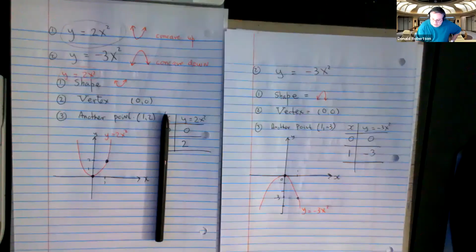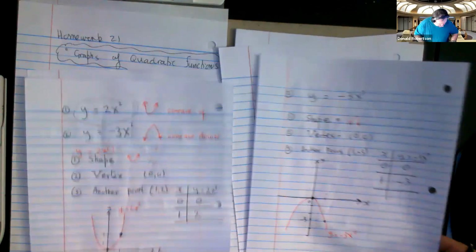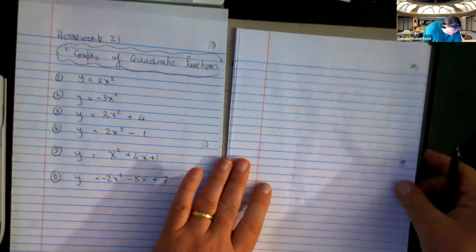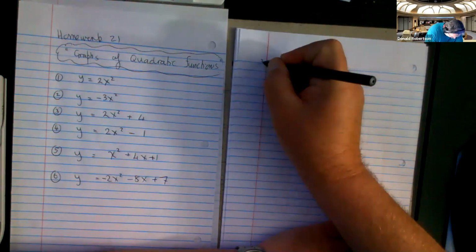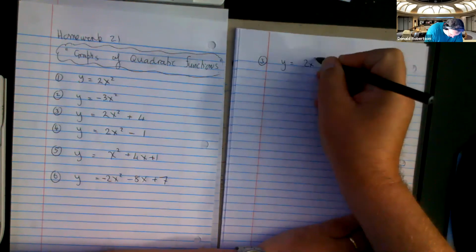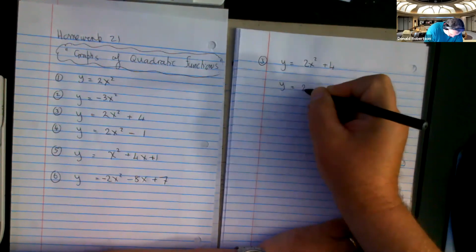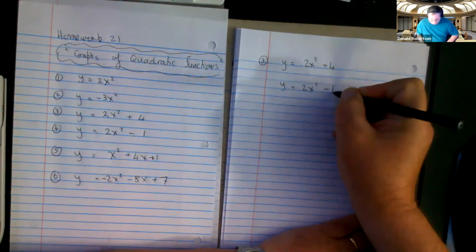Let's do a little bit more difficult than those two, but just a little bit more. Let's do questions like question 3. y equals 2x squared plus 4, and y equals 2x squared minus 1.